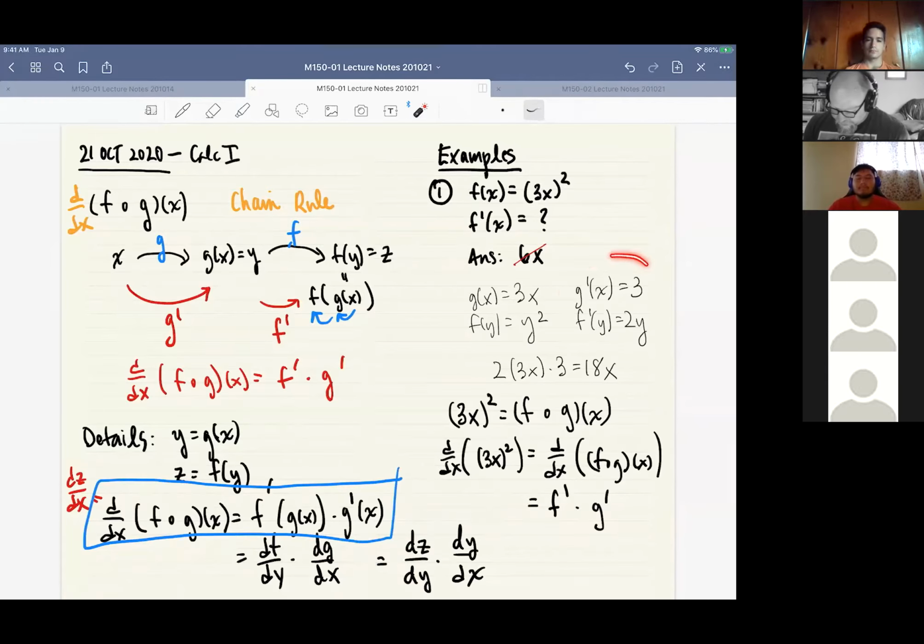And so what Robert did, he calculated those derivatives. He said the derivative of my f is 2y, and the derivative of my g is 3. But y is 3x. And so he got this down there. And that's 18x.